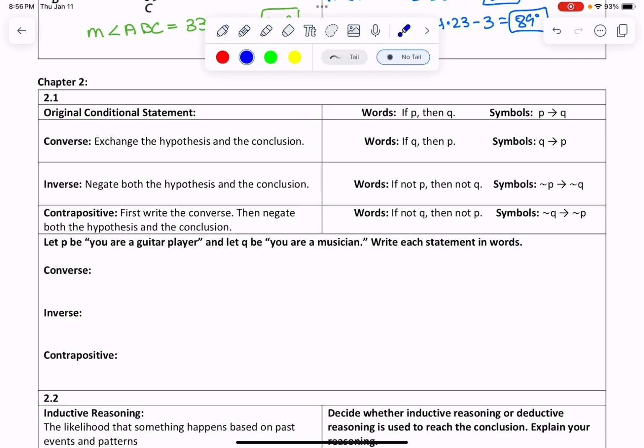Remember that both the converse and contrapositive are trying to con you, and so they switch the order.